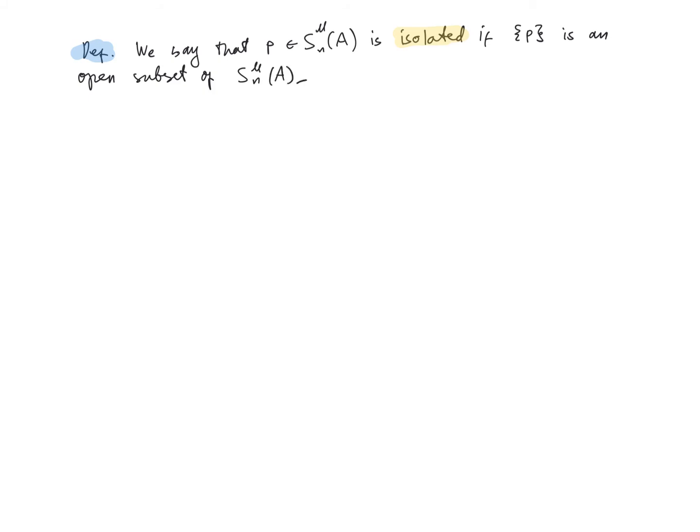This corresponds to the usual meaning of an isolated point in a topological space. So we have a neighborhood so that the only point of this open neighborhood is the type p itself.